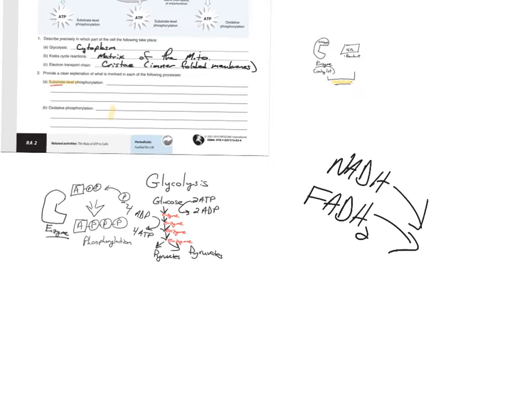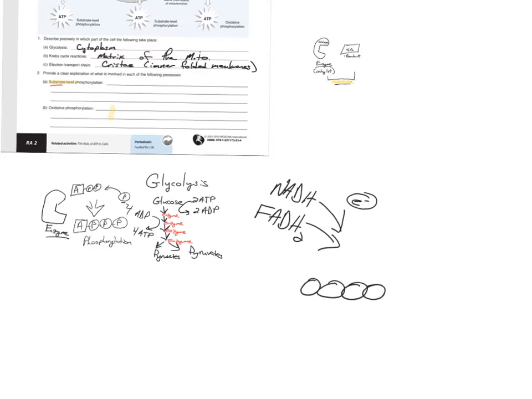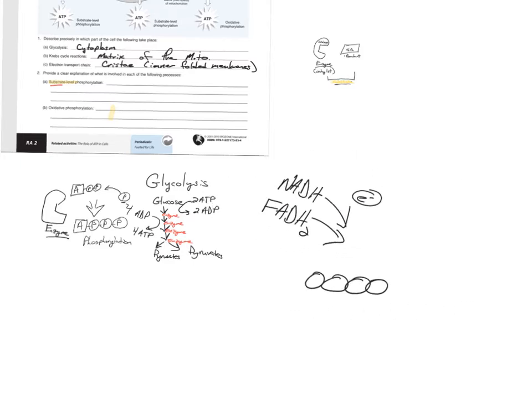Those electrons are getting carried over here, and they're going to go to a chain of different proteins in the membrane in the cristae of the mitochondria, and the electron's going to come in at different places depending on what it is. It's going to get transferred to one, then the other, then the other. And then finally, this molecule of oxygen gas is going to come in and take it and make what?